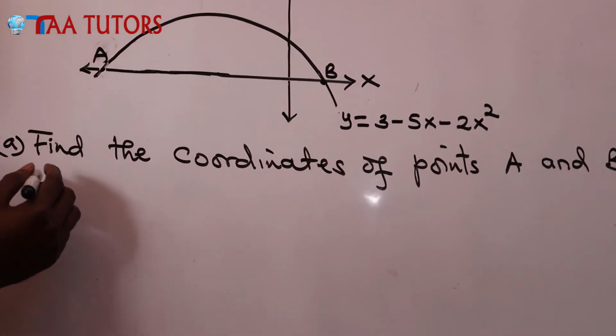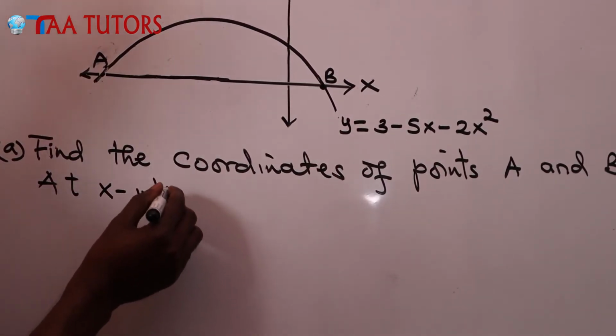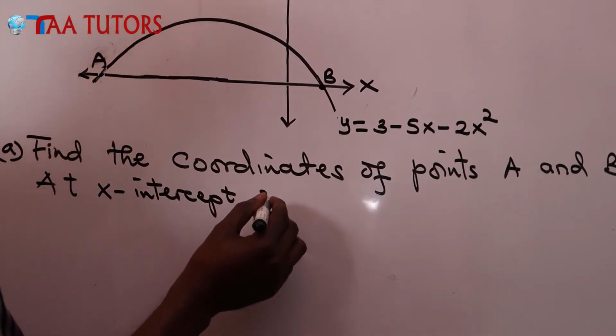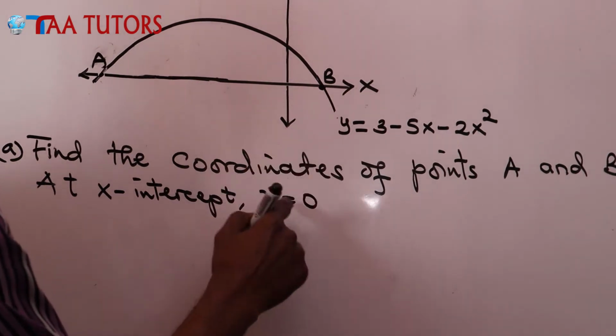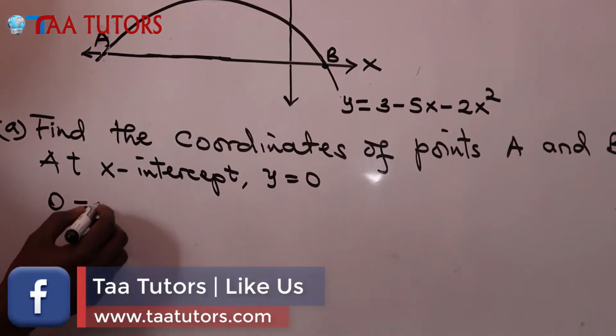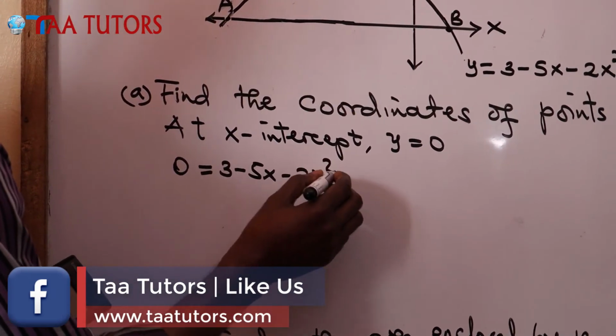Now at the x-intercept, the value of y is 0. So we take 0 and substitute it into the curve. So I can say 0 equals 3 minus 5x minus 2x squared.